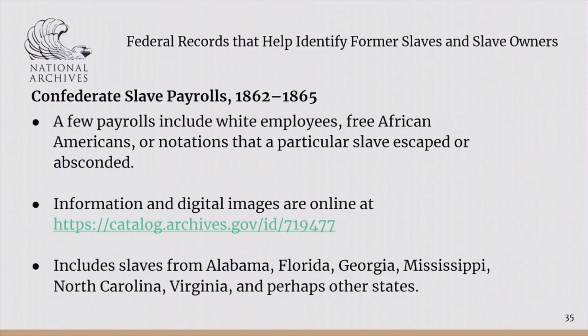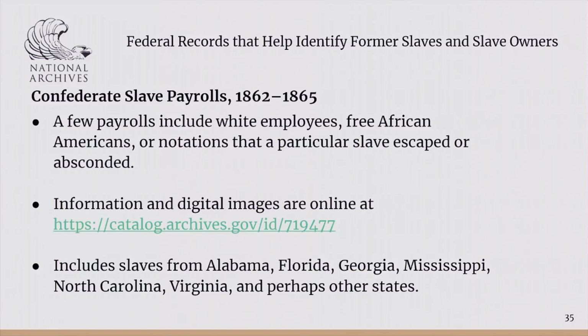Moving on to Confederate Slave Payrolls, it's a relatively unknown fact that the Confederate government required slave owners, or at least some slave owners, to provide slaves to work on Confederate fortifications during the Civil War. So these payrolls indicate the name of the slave owner, the name of the slave, the number of days they worked, where they worked, and how much the slave owner was paid for their service.